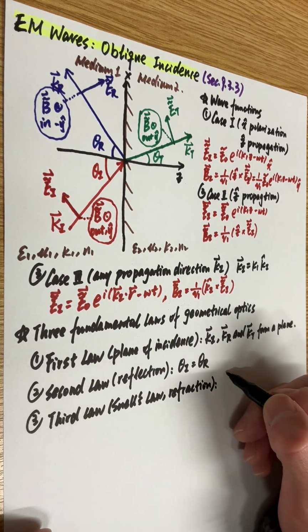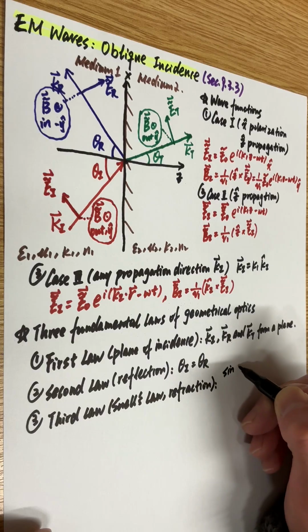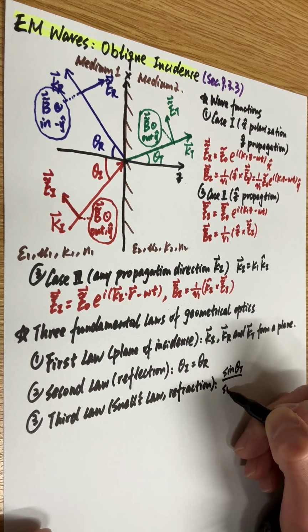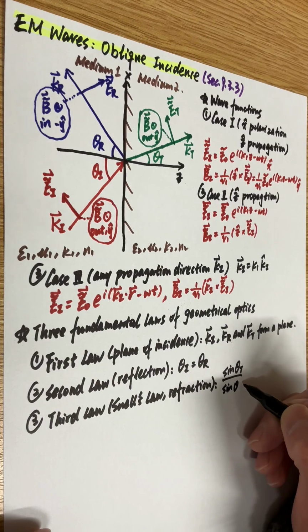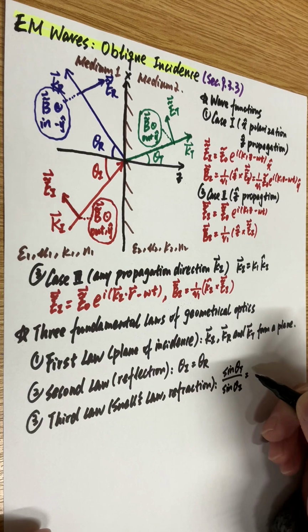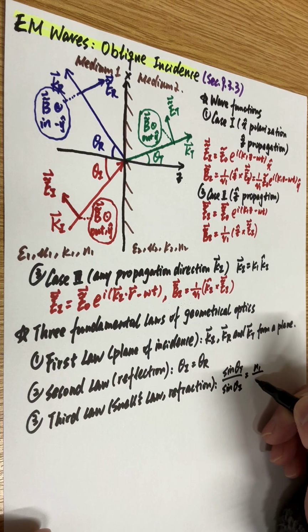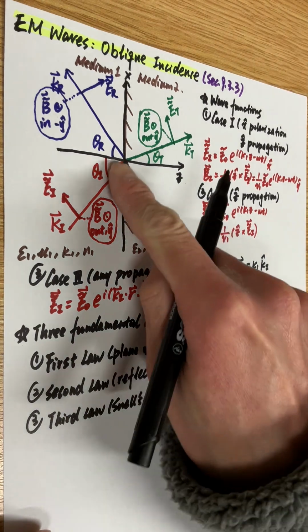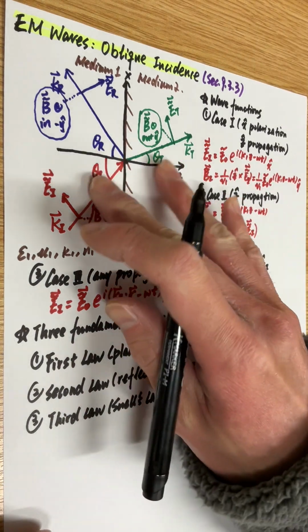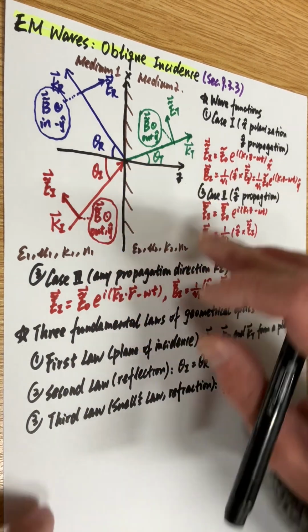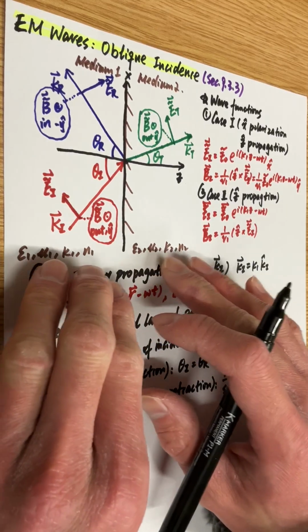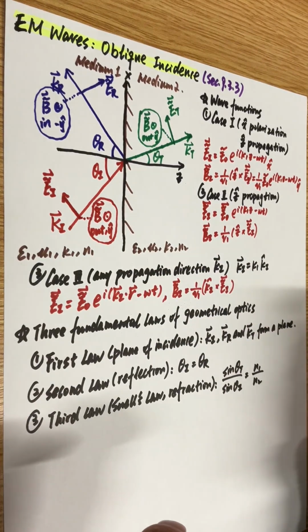So basically we have sine theta t divided by sine theta I equals n1 divided by n2. So the relationship between theta I and theta t is determined by the medium parameters.